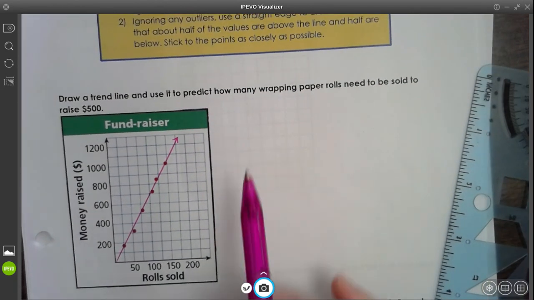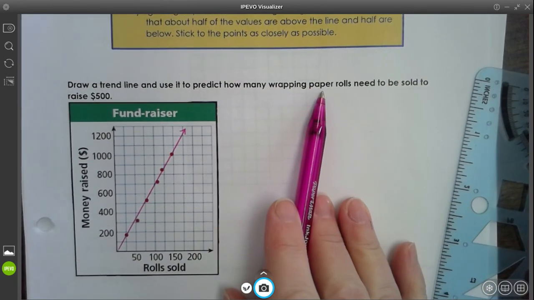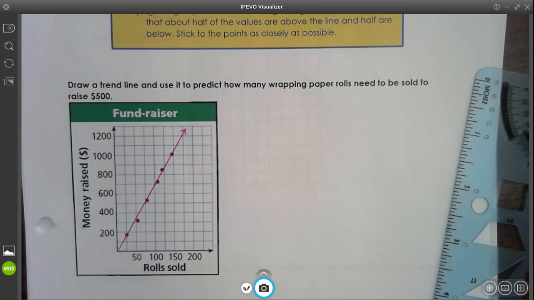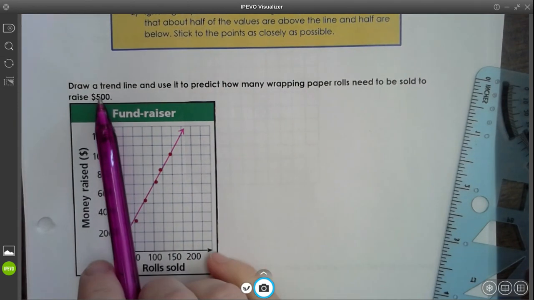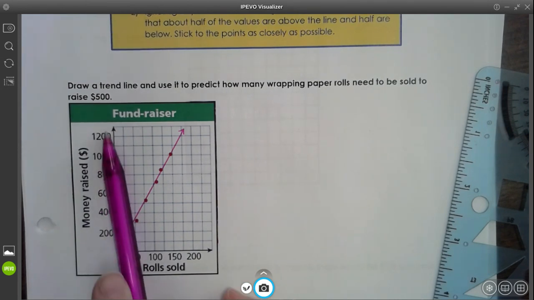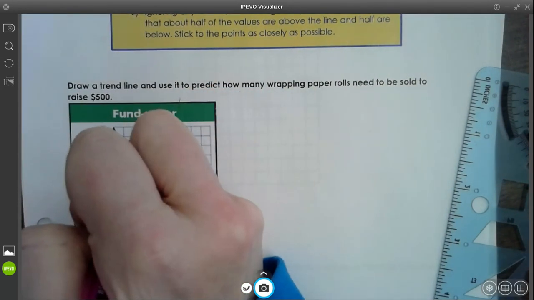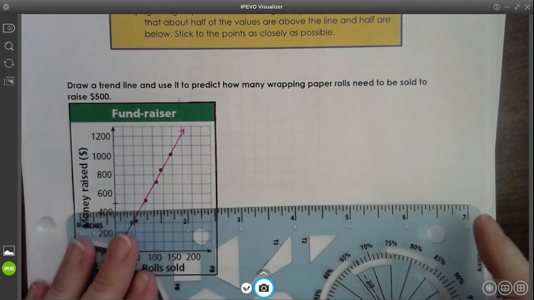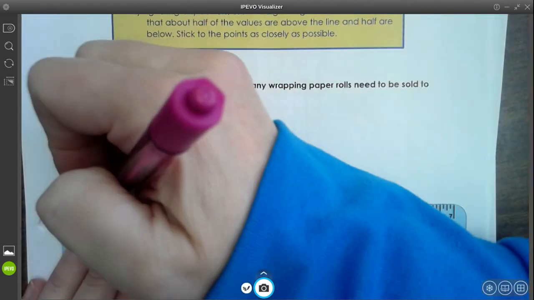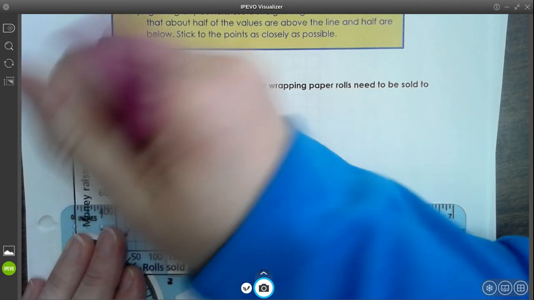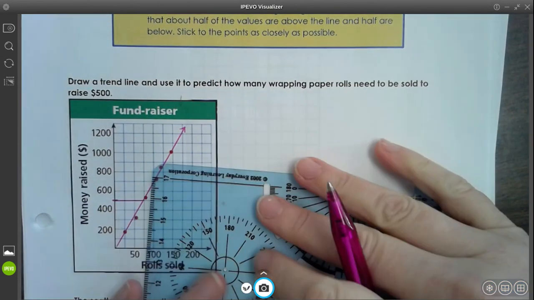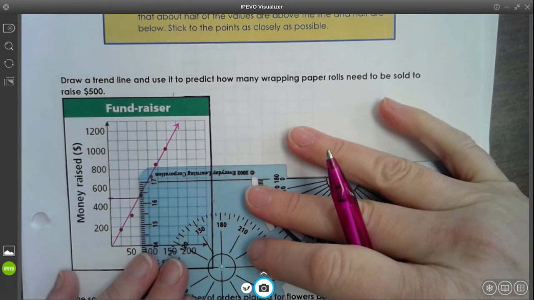Okay, so here it says predict how many wrapping paper rolls need to be sold to raise $500. The information they give us is $500, which is on this axis. So I'm going to find $500, which is here, and I'm going to use my straight edge to go over to the line, and then I'm going to follow this down.